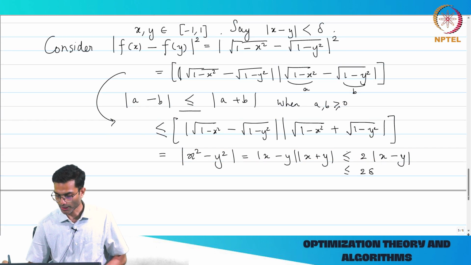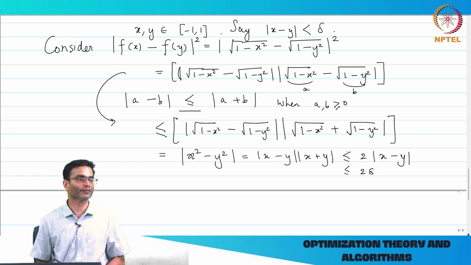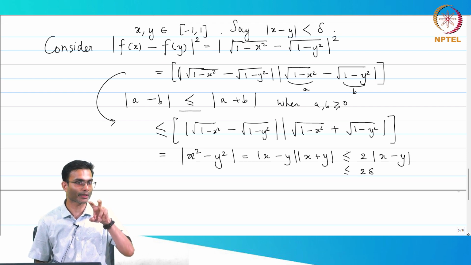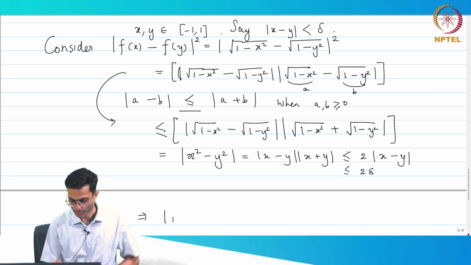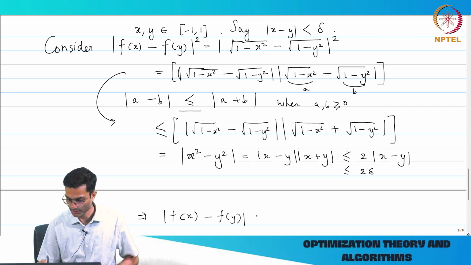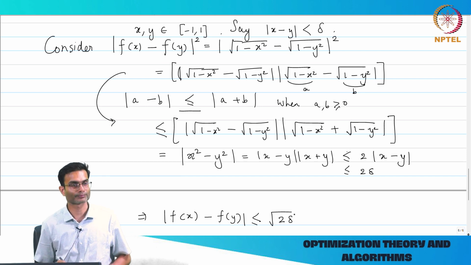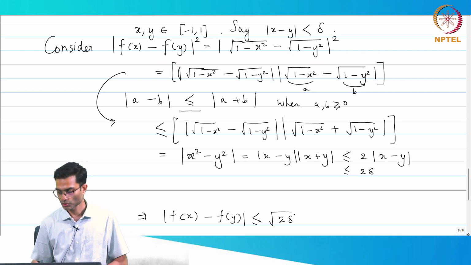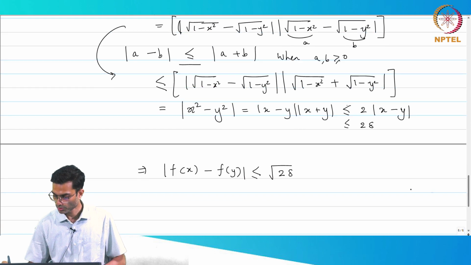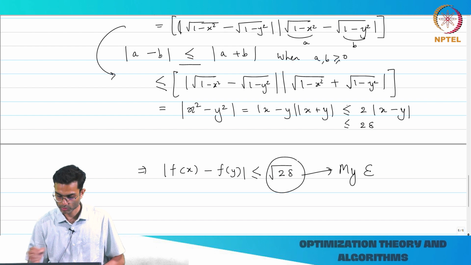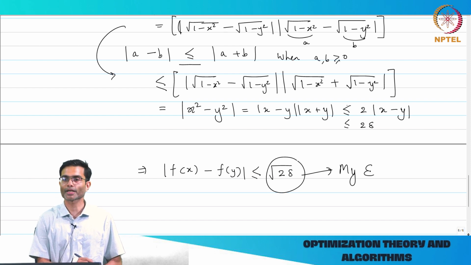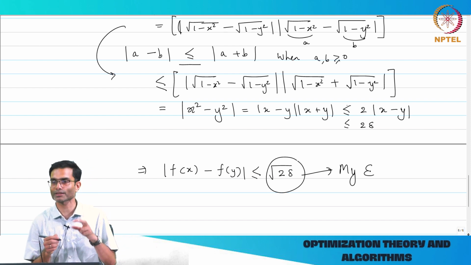So, remember this was mod of fx minus fy squared. So this implies that mod of fx minus fy is less than or equal to root of 2 delta. Perfect. So this is my epsilon. So what did I do? I started with 2 points x and y that were delta apart.